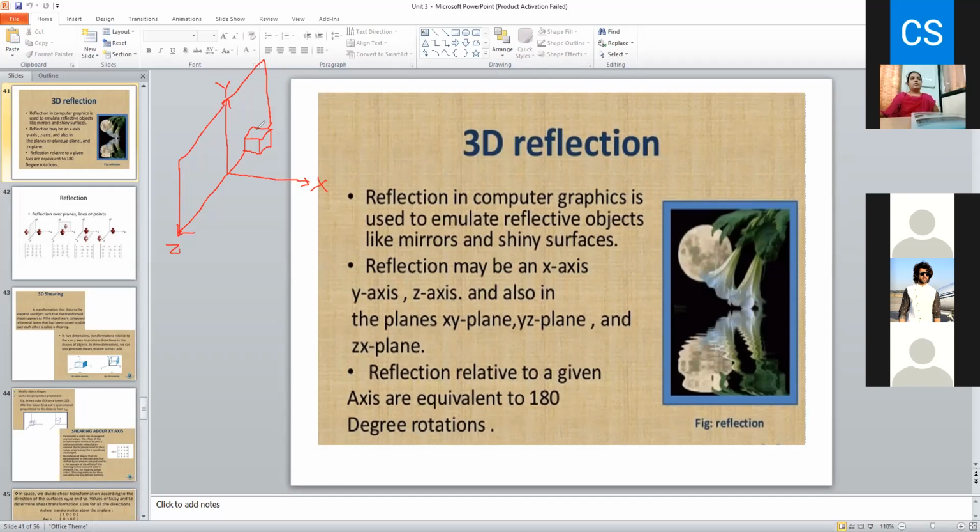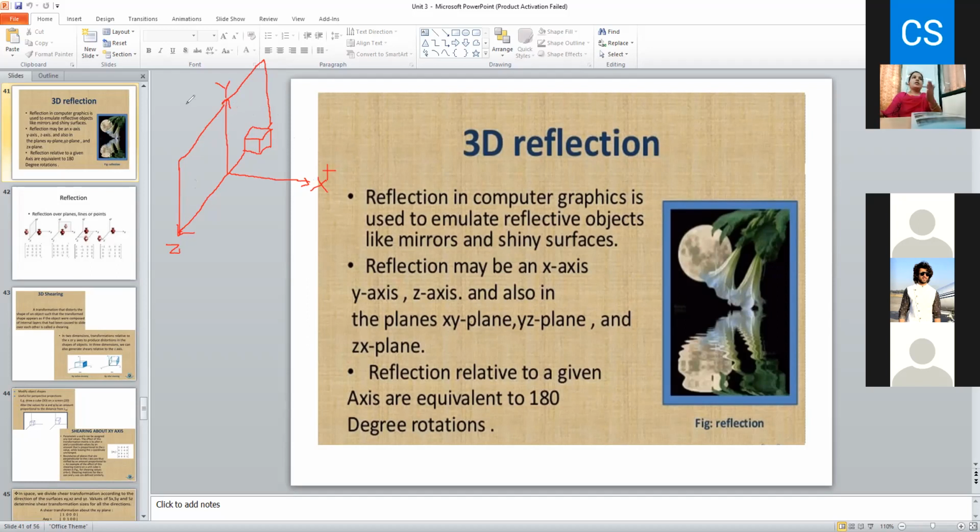Yes, ma'am. So this is your yz plane and the object is lying on the right hand side, towards positive X. Now after reflection, this is acting as a wall or a mirror. So before reflection, the object is on the right hand side.